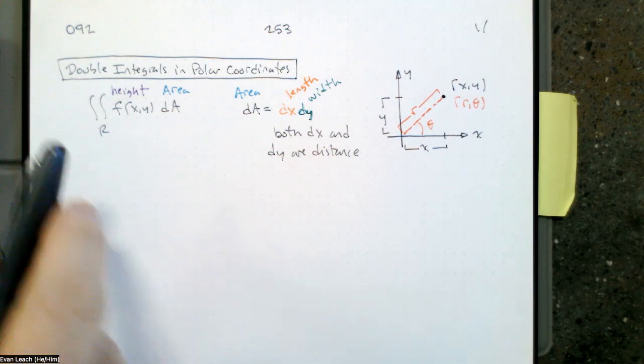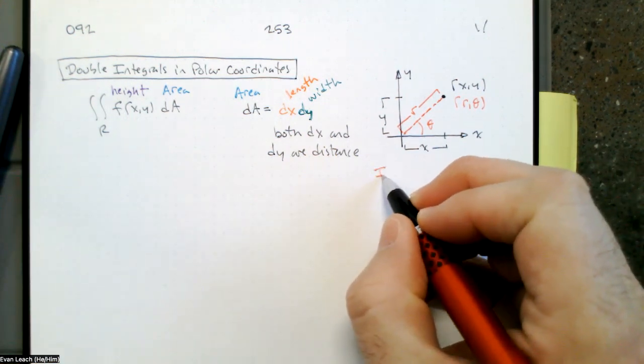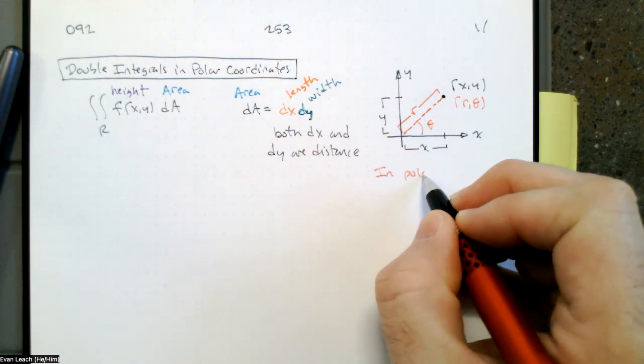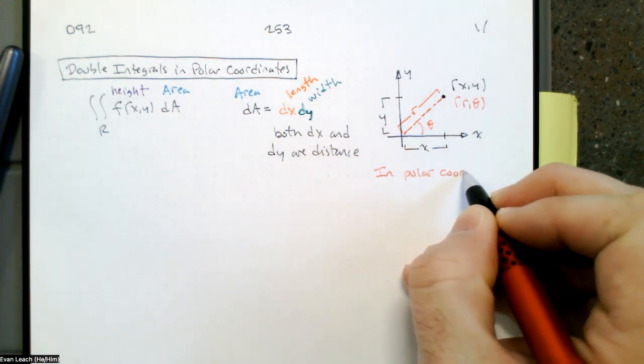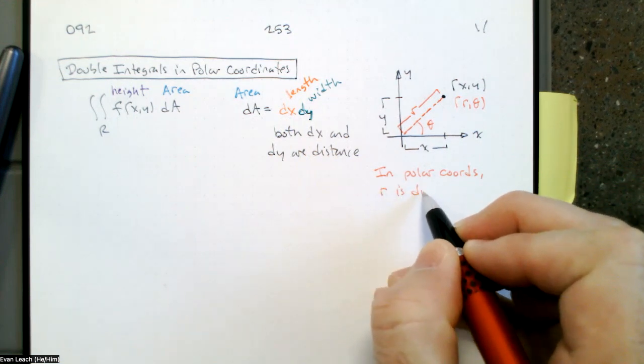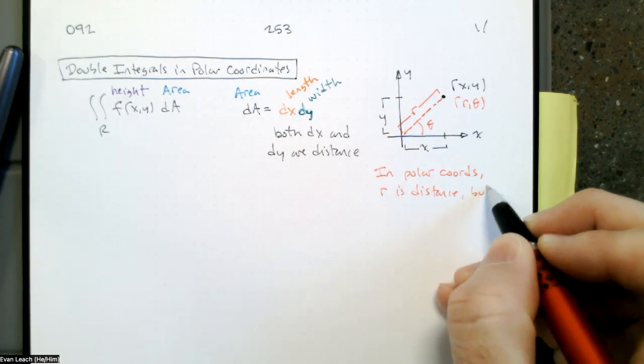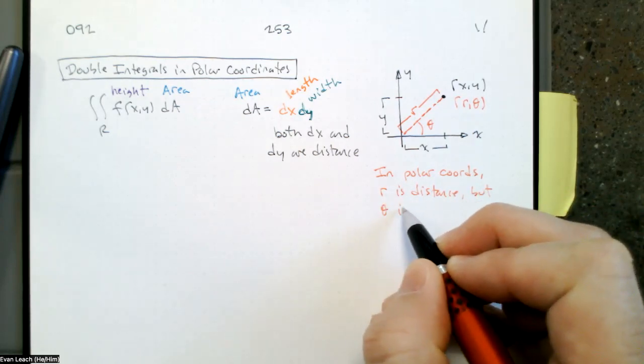So in polar coordinates, r is distance, but theta is an angle.